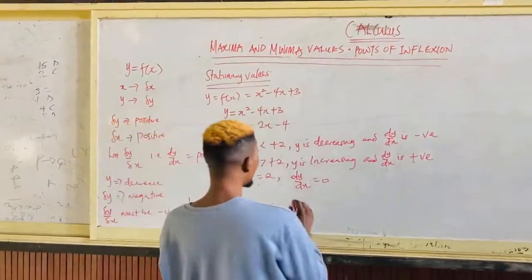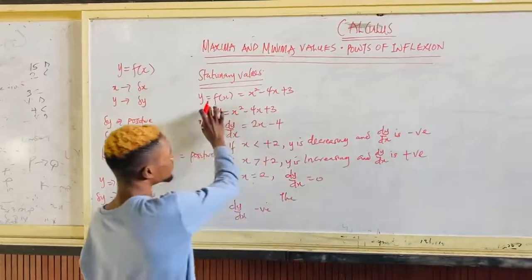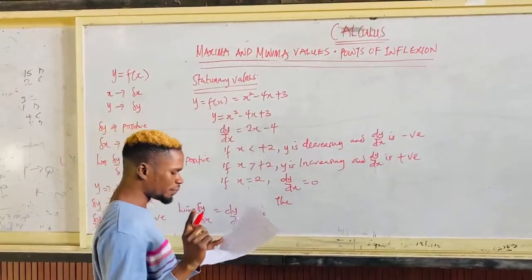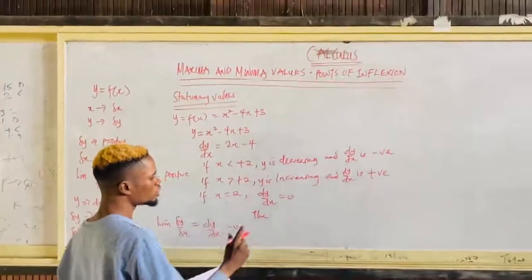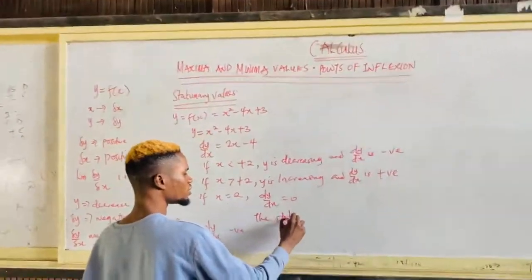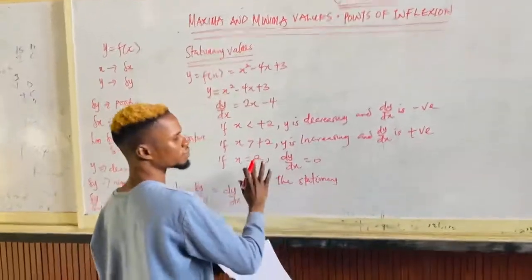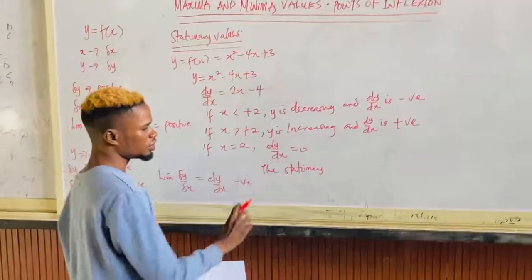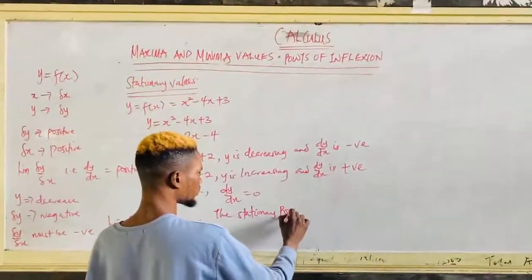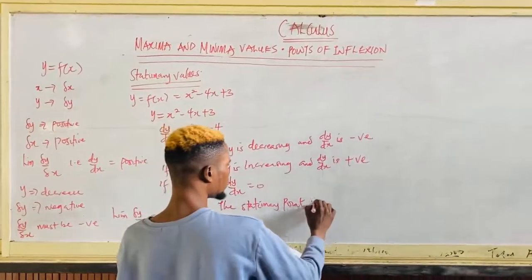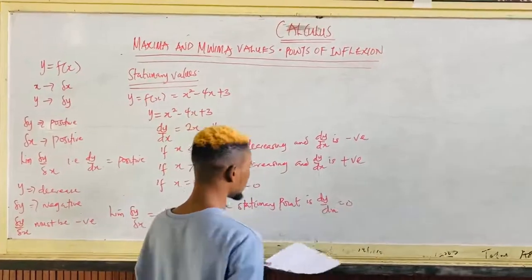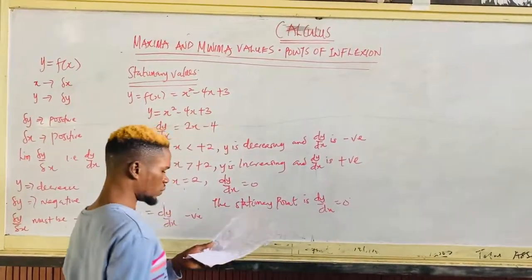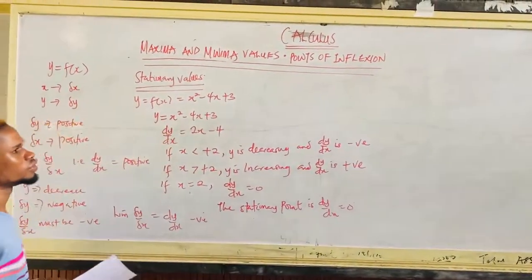So this function has a stationary point at x equal to what? 2. The stationary point is neither increasing nor decreasing. So the stationary point is when dy dx is equal to 0.